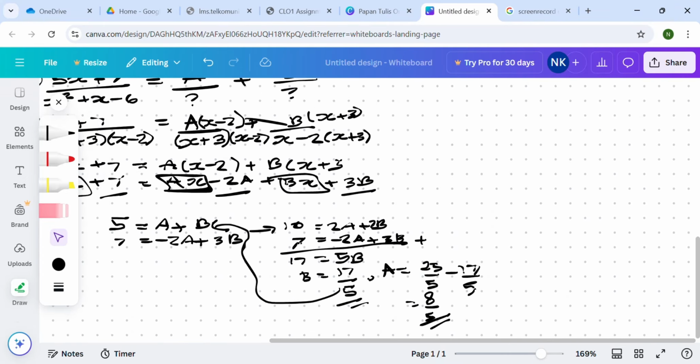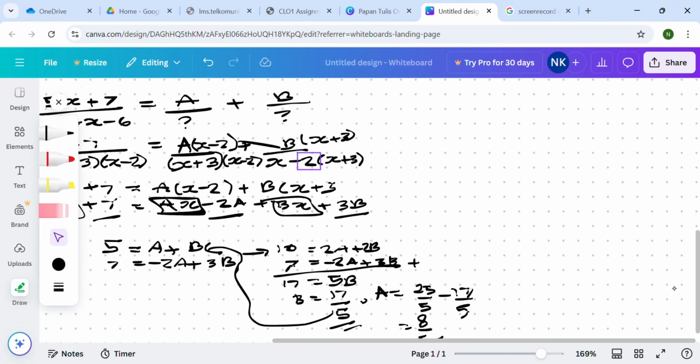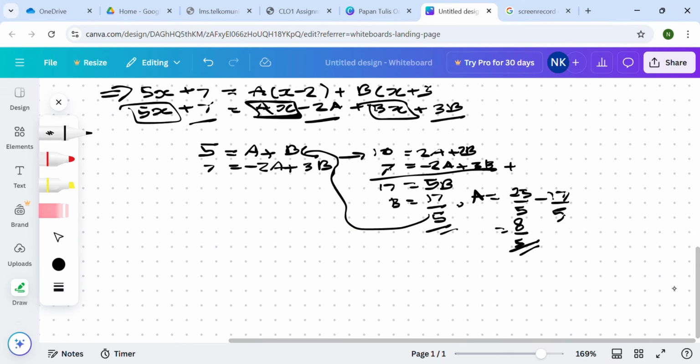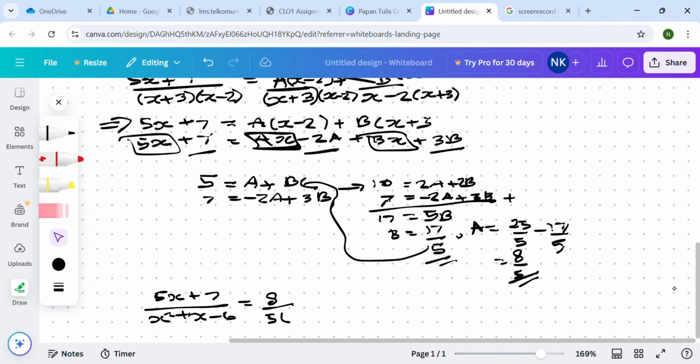That means, where should I write it? Maybe in here. That means 5x plus 7 over x squared plus x minus 6 is equal to a over 5 times x plus 3, right? x plus 3, plus 17 over 5, and then in the denominator should be multiplied by x minus 2.